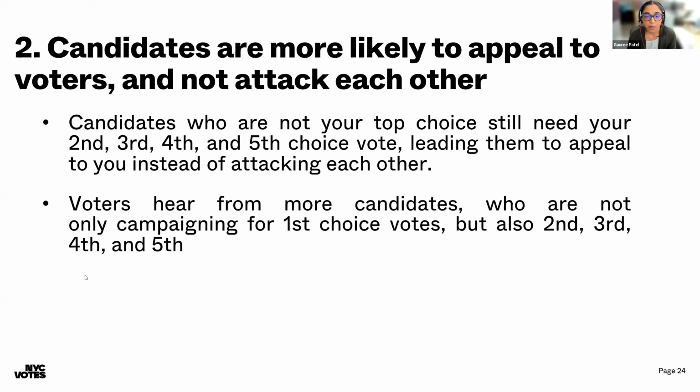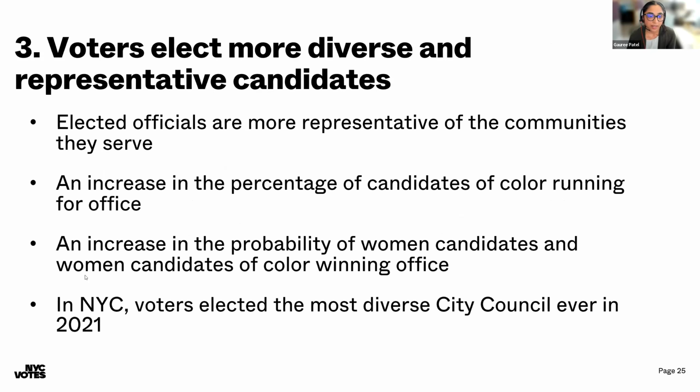They may work together with other people running in the district and offer voters a chance to rank them in preference. So there could be multiple preferences that we see in some of the advertising and campaigning that happens in ranked choice voting elections.